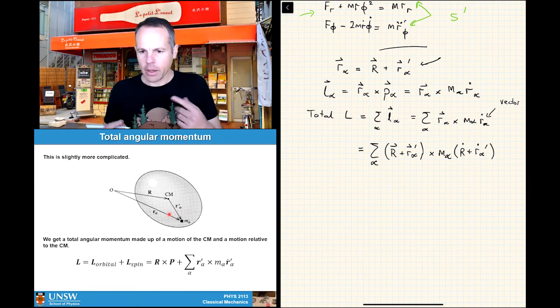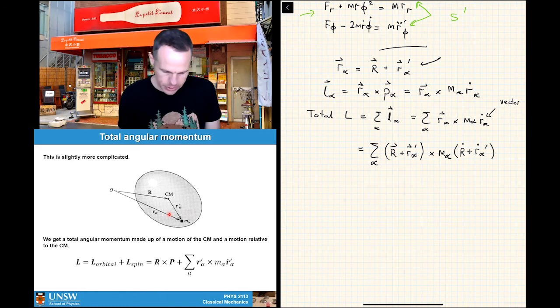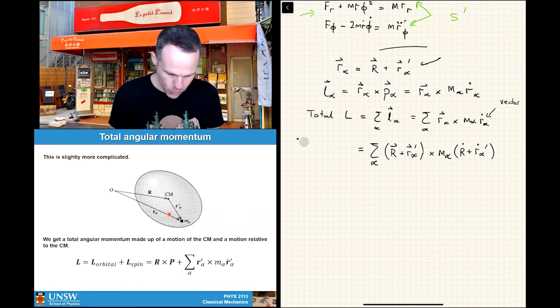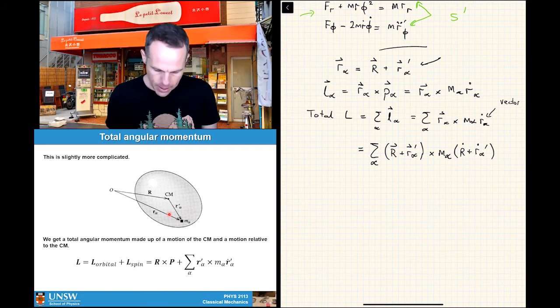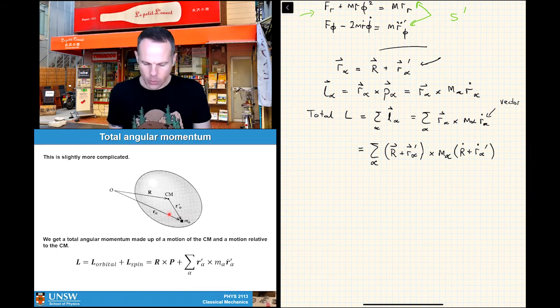And again, it kind of gets a bit ugly if I was to write a R vector dot or a r dot vector, so you need to keep track of what's vector and what's not in here, okay? Particularly when you do it in handwriting, okay?